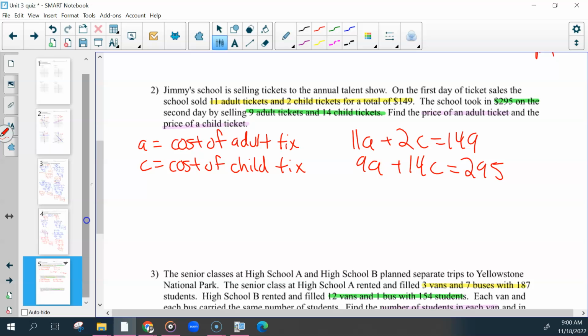I just don't remember off the top of my head. I want to say child was 14. Right? And then make sure you're putting your labels. You're looking for the cost of, so your label should be dollars of some sort. And then again, you could have solved that using any of your methods. Questions on that one?